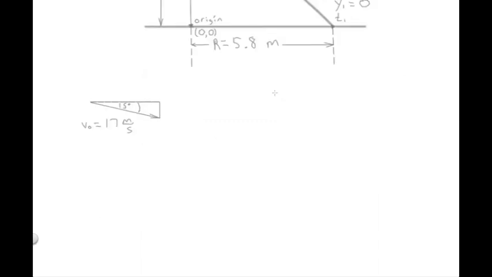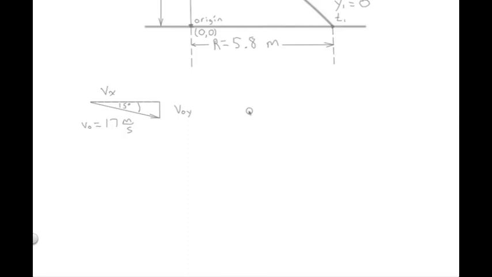Here's that right triangle. Remember, we always want to label everything we write down. What's the correct label here? Well, this is the x component of the velocity, and this is the y component of the velocity at time 0. Why did I use slightly different symbols here for x and y components?